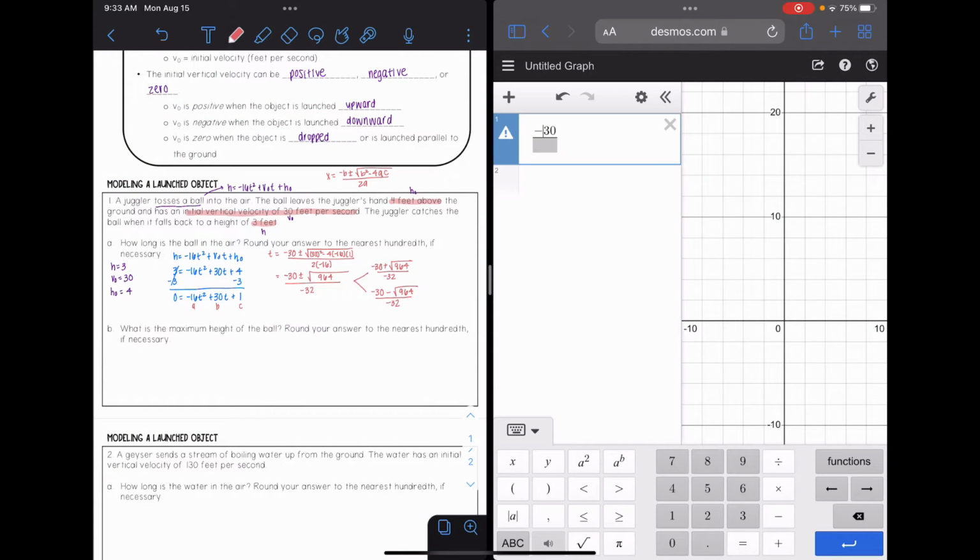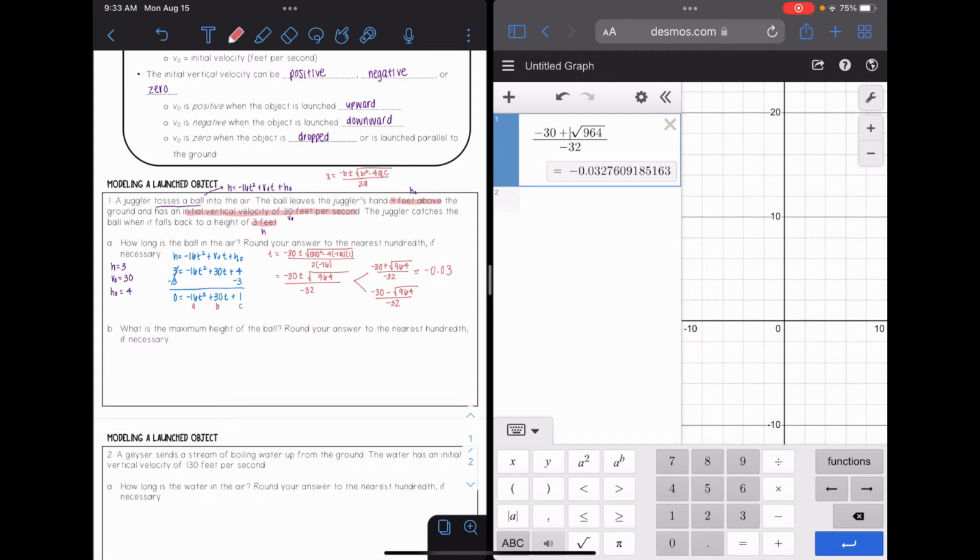And then do plus square root of 964 all over negative 32. And so I see I get negative 0.03 for that first one.